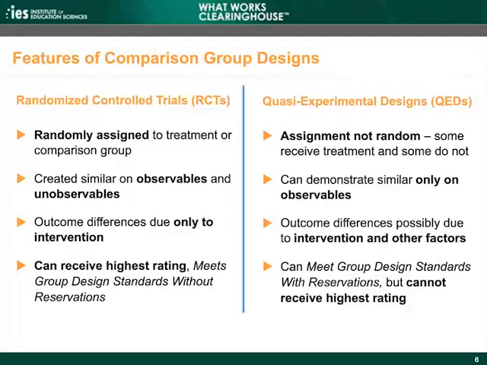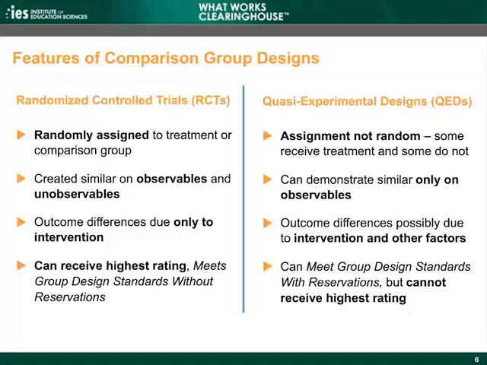So the groups might differ due to something other than just the intervention, and that difference might affect the outcomes. Therefore, the effect we might see might not only be due to the intervention, so the study can't receive the highest rating. However, a high-quality QED can receive the next rating, meets group design standards with reservations.